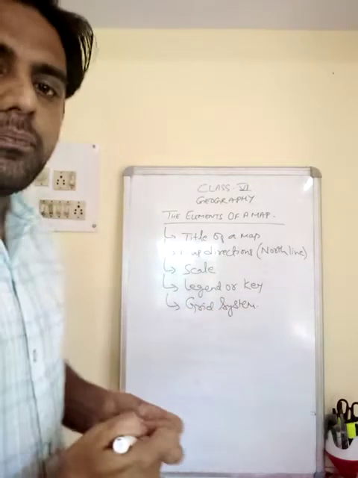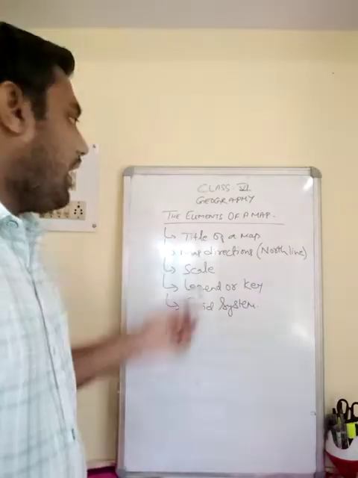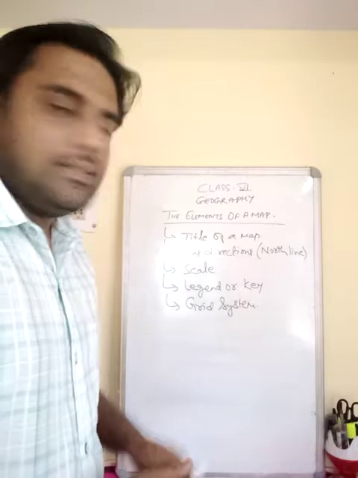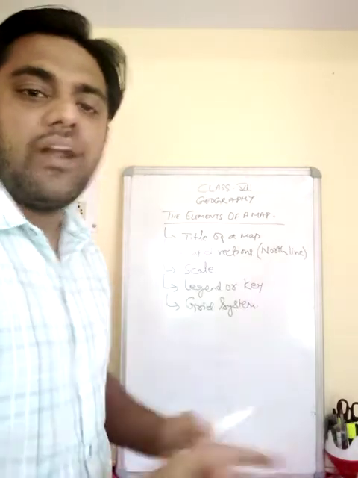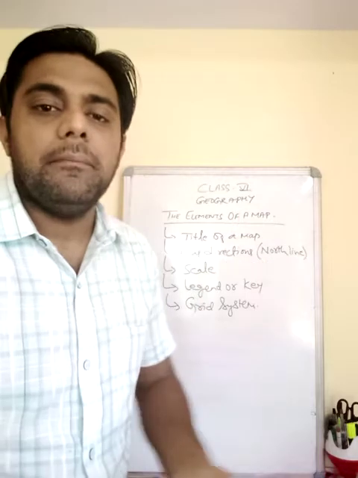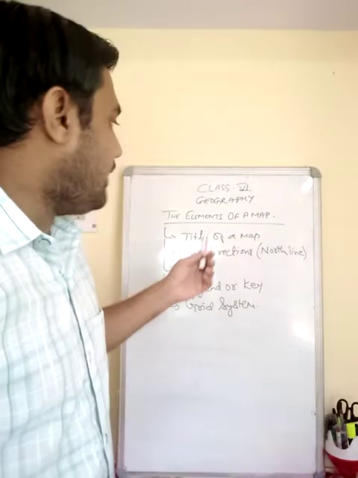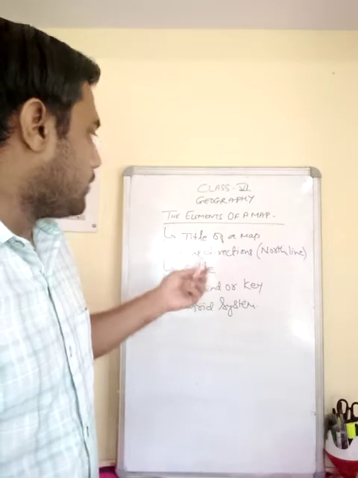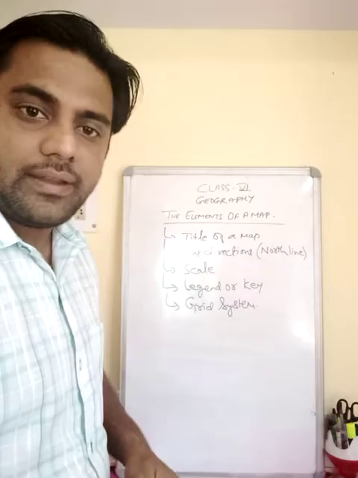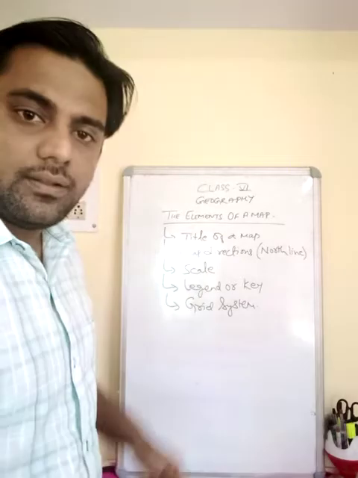So in this chapter we will be covering these 5 elements. These are the 5 things you'll find in a map, and these are the 5 things which make a map easy to understand. So what are they? Number 1, title of a map. Number 2, map directions or the north line in particular, scale, legend or key, and the grid system.